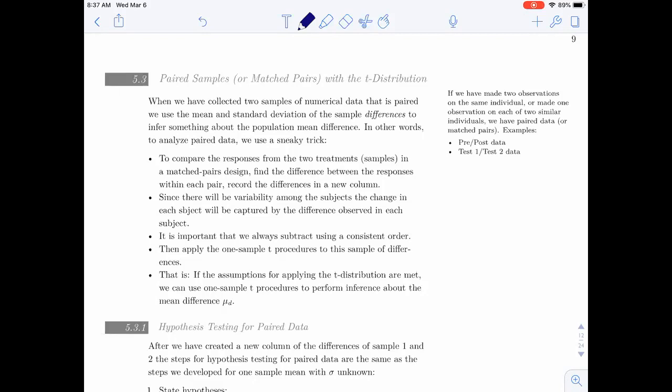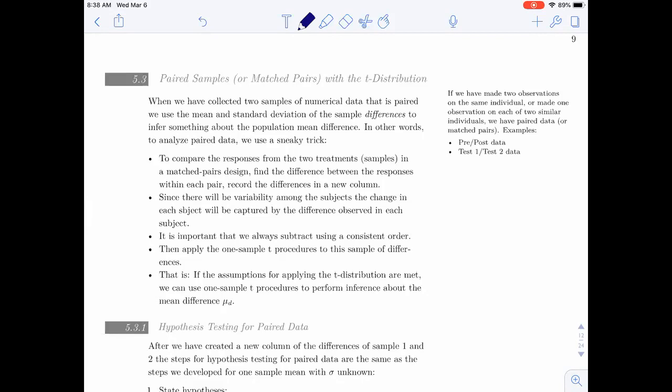And it only works because we've got these paired observations on each individual, right? So technically, yes, we have 2 samples now instead of just 1. But because of how the data has been collected, we calculate the differences. So we make a new column of the differences between sample 1 and sample 2.